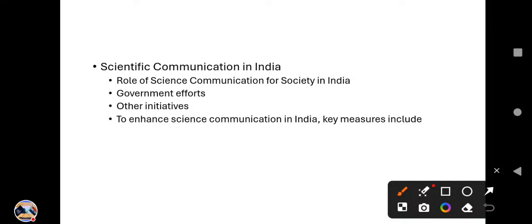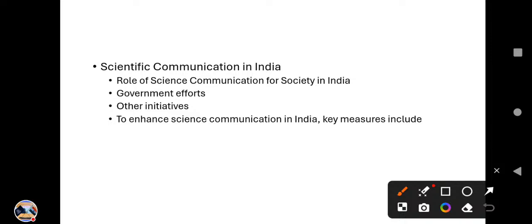The Nidhi scheme, the National Initiative for Developing and Harnessing Innovations, and the National Startup Award. These are the other initiatives related to promoting scientific communication among the people across India.